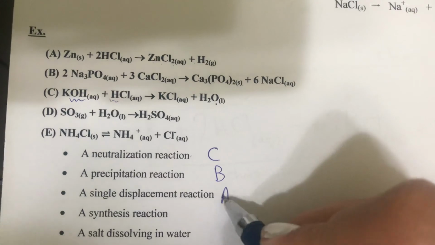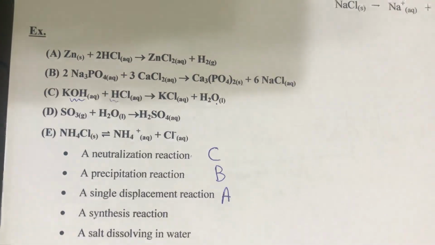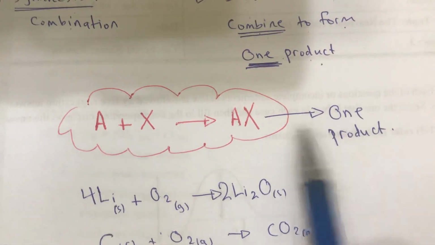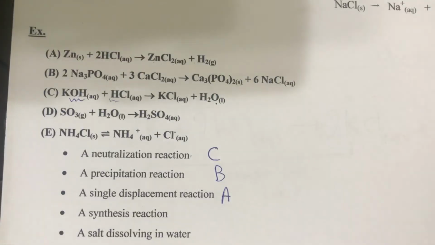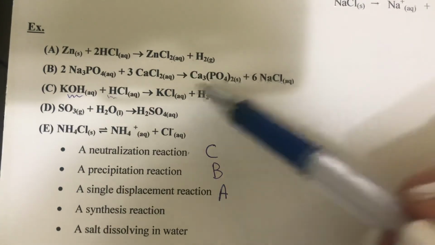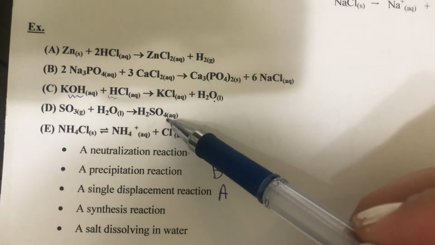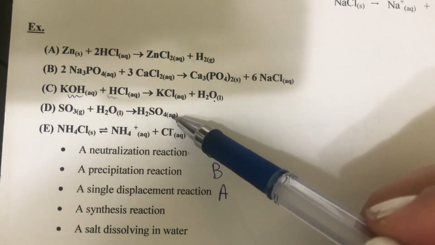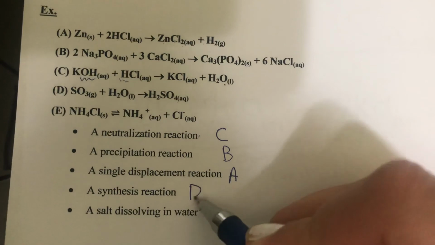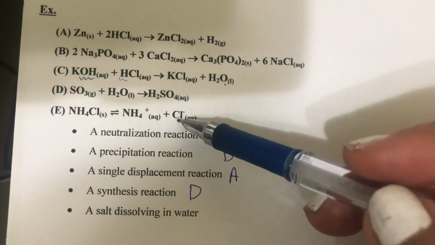So here A. Now a synthesis reaction. You have to remember synthesis reactions mean one product. So you have to find which of these has one product. Here you have two products, and here one product. So it's a type of synthesis reaction. So here D.